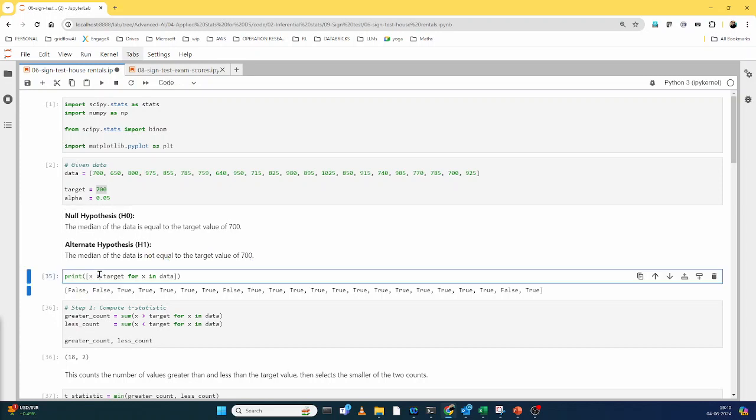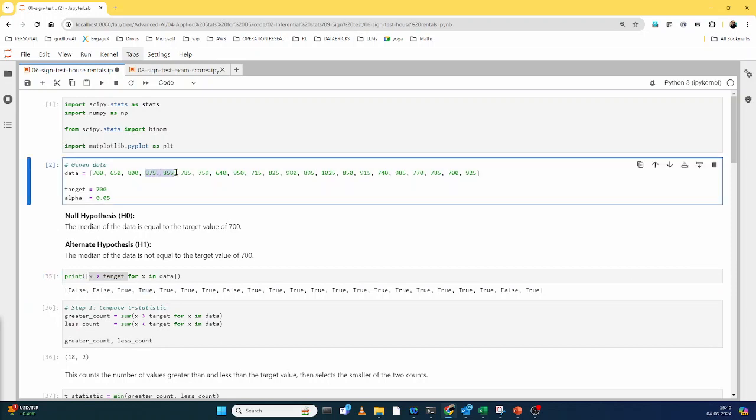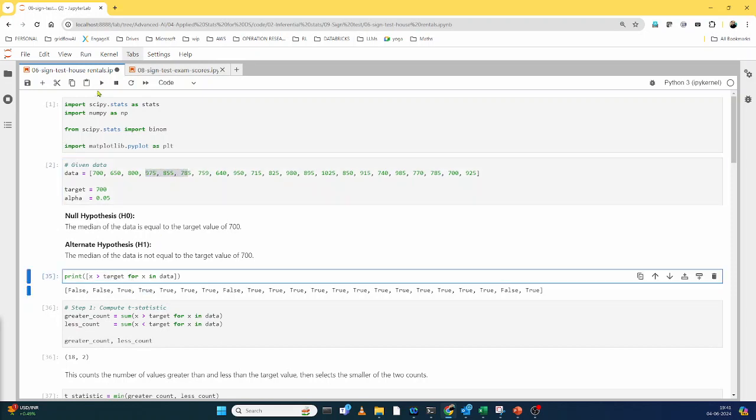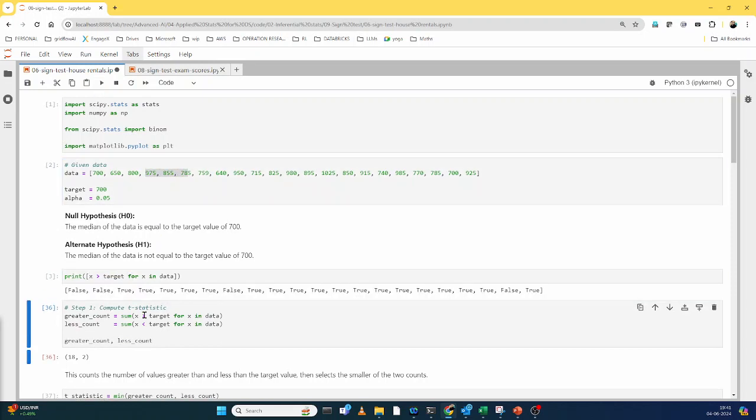So what we're going to do now is first find out the directions. Wherever the value is greater than 700, we just find that out. True means the values are more than 700. So wherever it is greater than, that's the greater count.